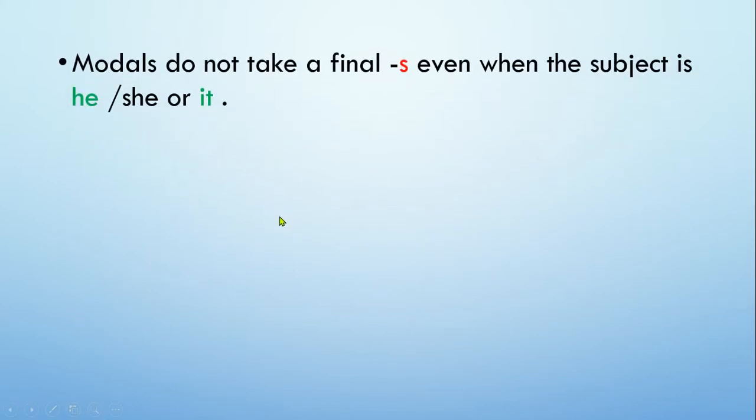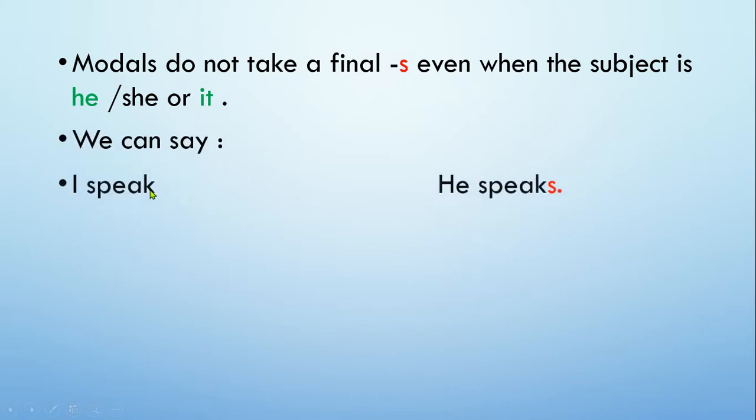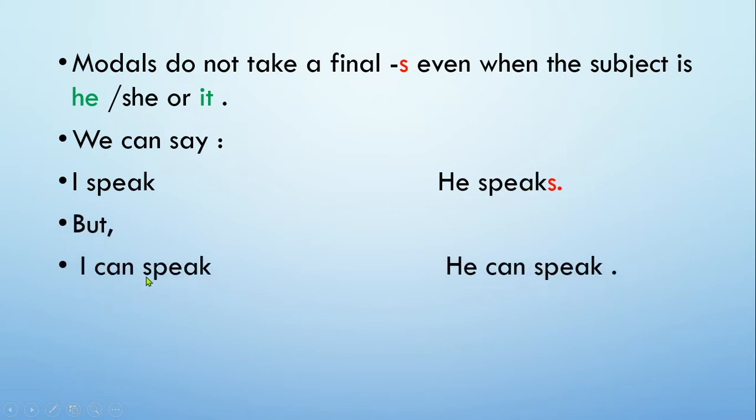Modals also do not take a final S, which means they are not conjugated. You can say, I speak, he speaks. So this is concerning ordinary verbs. But with modal auxiliaries, I can speak, he can speak. So look at the verb here. There is no S. Why?